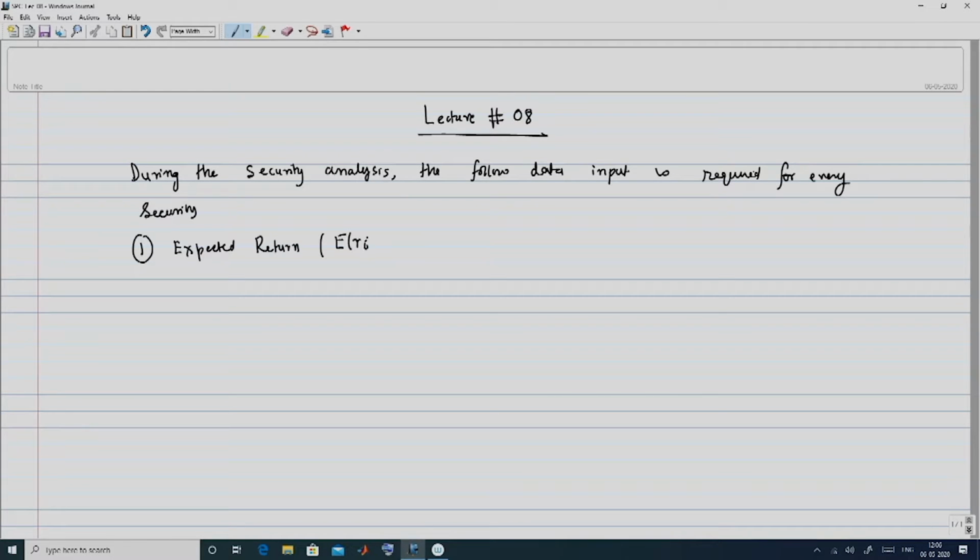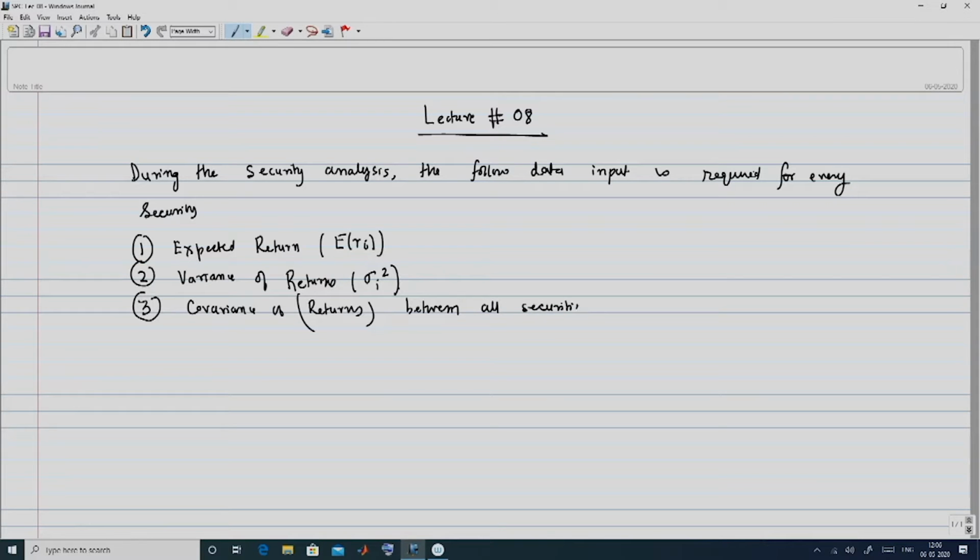This is E of R i. Next, we will have the variance of returns, that is sigma i square, something that you have already seen, and finally the covariance of returns between all securities, which we denote by sigma i j.